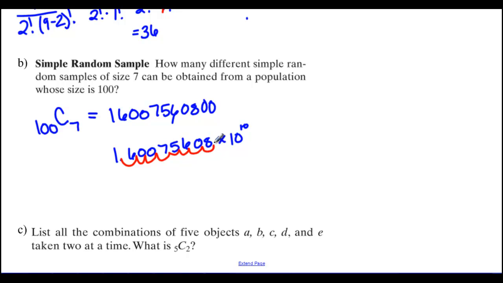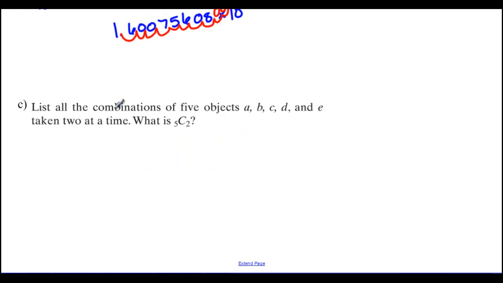We need to move 2 more, so 9, 10, and we're going to have to fill in with zeros. So it's going to give us this answer up here: 16,007,560,800 for our answer.